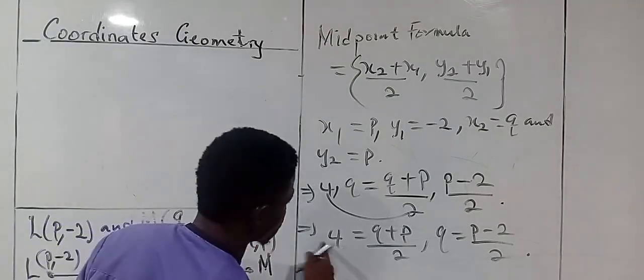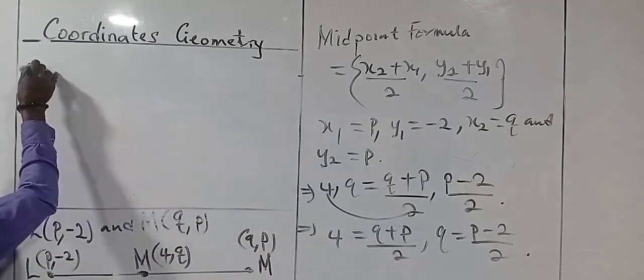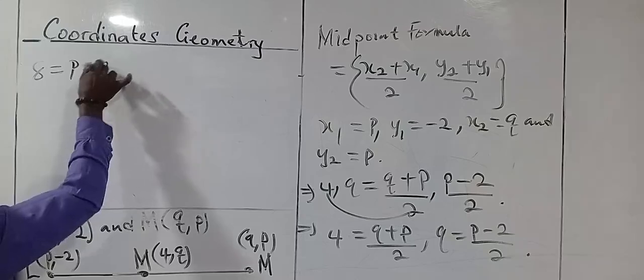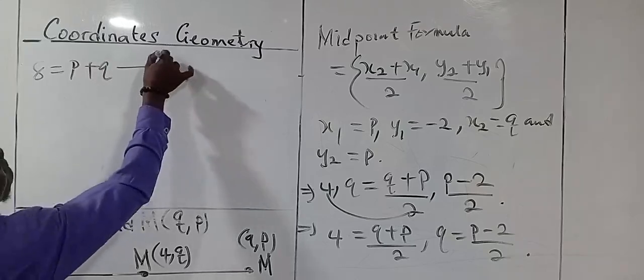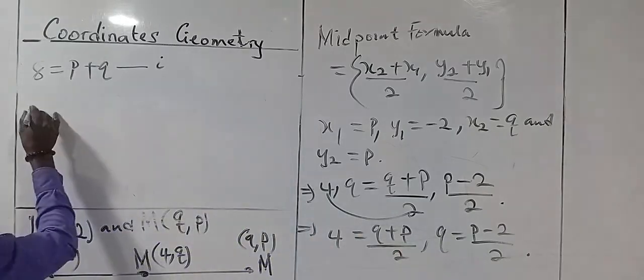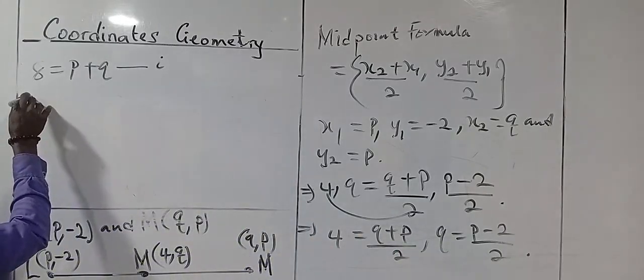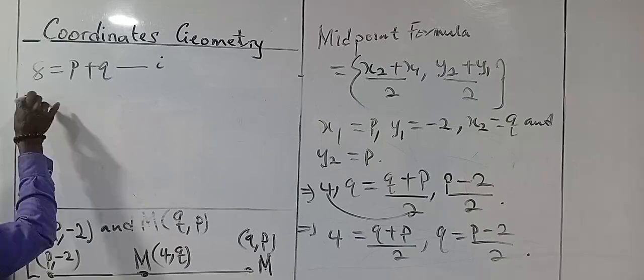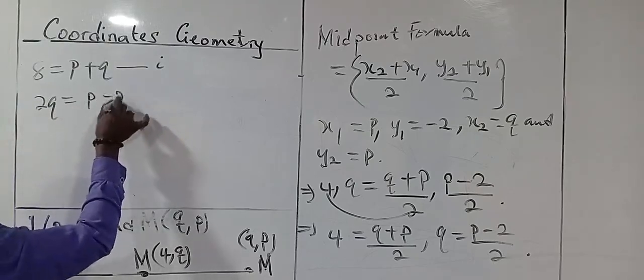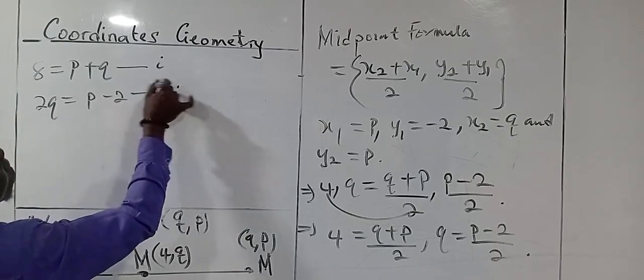So we cross multiply. We have 8 equals P plus Q. You can call this equation 1. The same thing, cross multiplying this one, will give you 2Q equals P minus 2. You can call this equation 2.